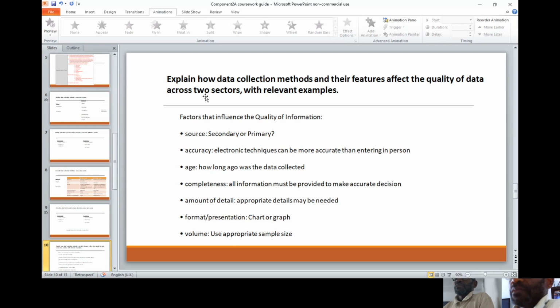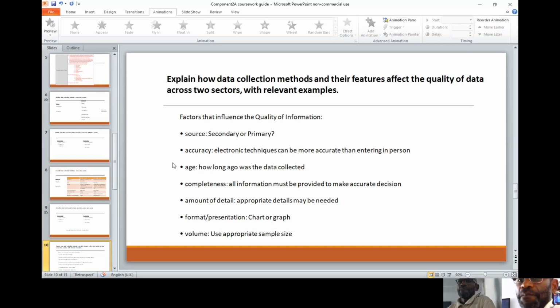So you need to identify the features of the data collection method, and how those features can affect the quality of the data, with examples.